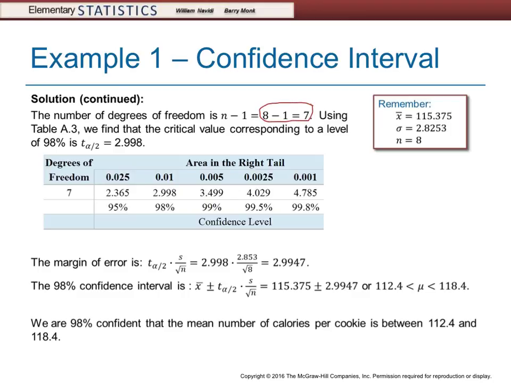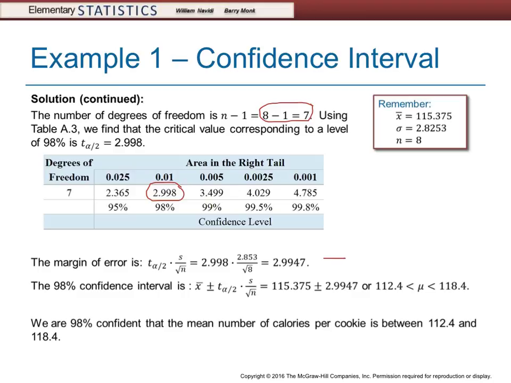And so now we use table A3, and we find that the critical value corresponding to a level of 98% is 2.998. So we now can calculate the margin of error.